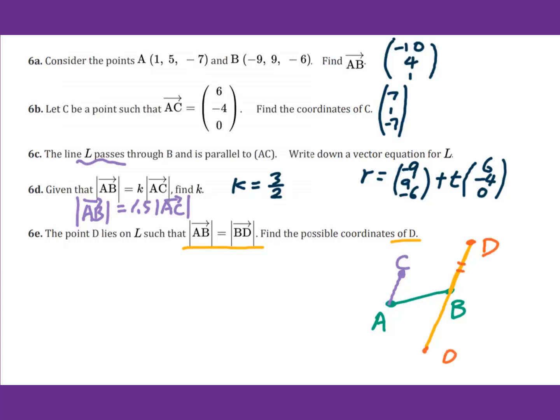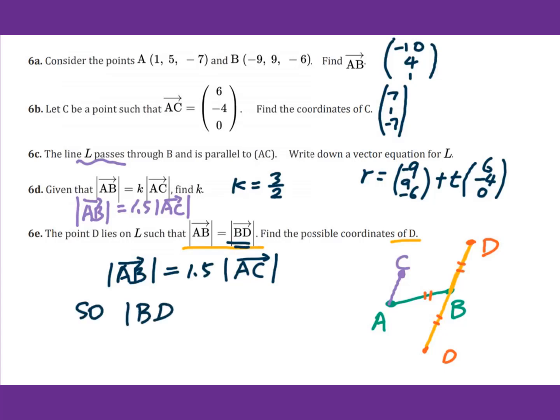And we said these 3 are equal to each other. Since this AB is equal to 1.5 AC, and this AB equals BD, so we have BD equal to 1.5 AC.